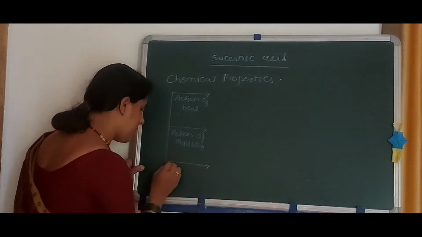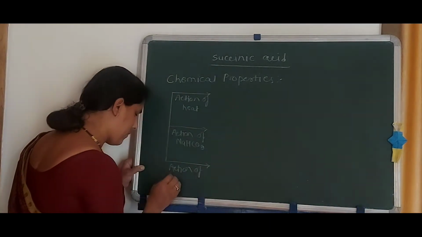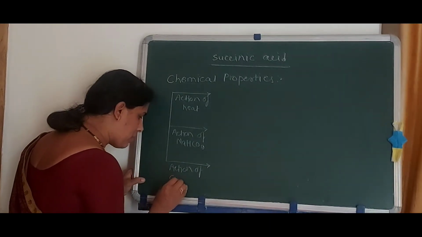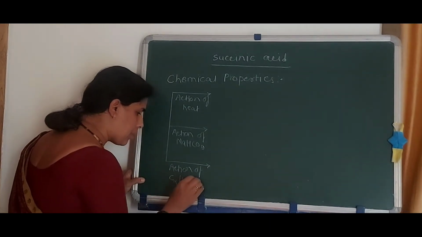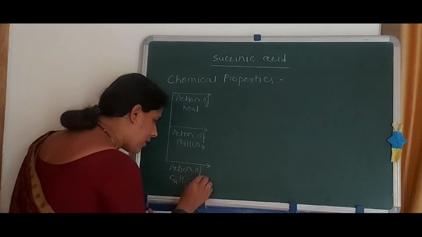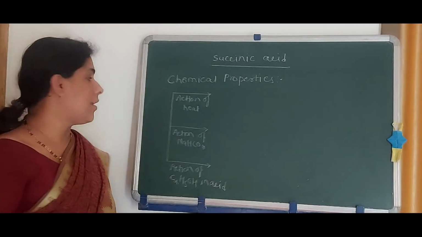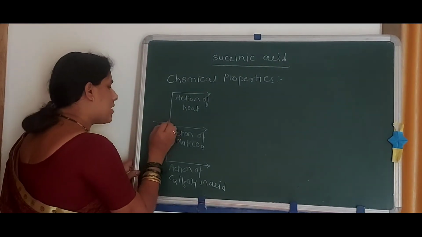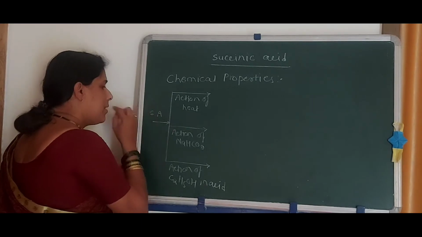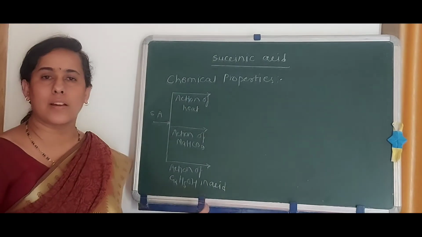And third is action of C2H5OH, action of C2H5OH in presence of an acid. Now, what is this? That is succinic acid. What is going on? We have to first consider the chart ones.